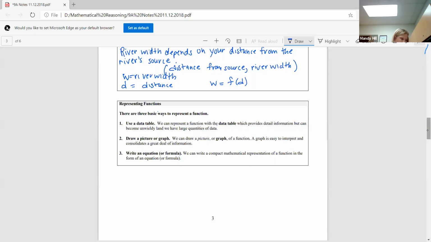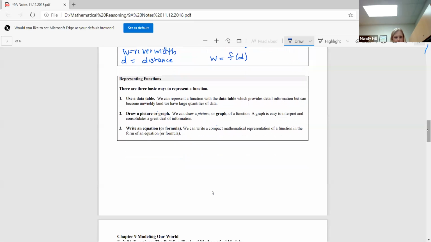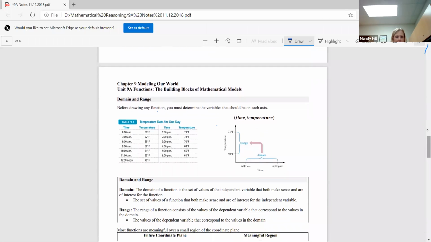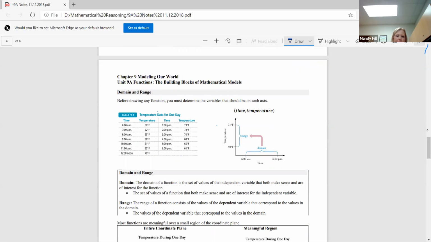Okay, so let's look at some of this stuff. Talk about domain and range. Domain always represents x, range always represents y. Before drawing any function, you must determine the variables that should be on each axis. So we've got a table here, which is one way that we said we could write our graph. If you're doing time and temperature, time is going to be your x, temperature is going to be your y.